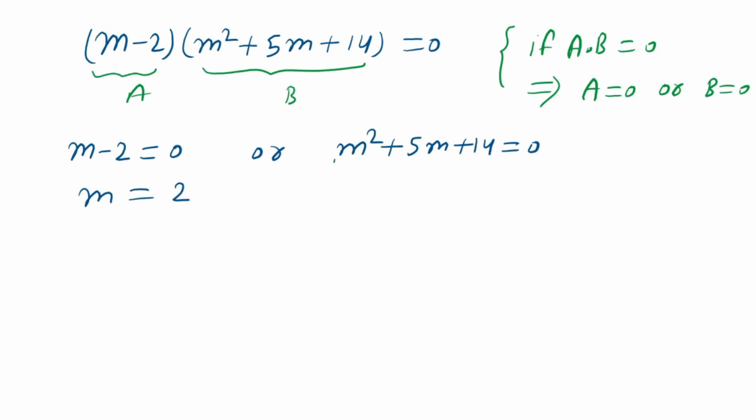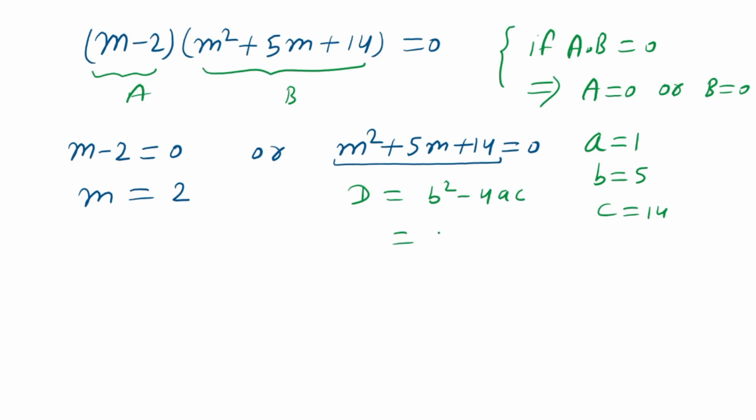But look carefully, here we have a quadratic equation and we will talk about only real solutions. So first we check the discriminant of this quadratic equation. Here a = 1, b = 5, and c = 14, and the discriminant is b^2 − 4ac = 5^2 − 4 times 1 times 14 = 25 − 56.